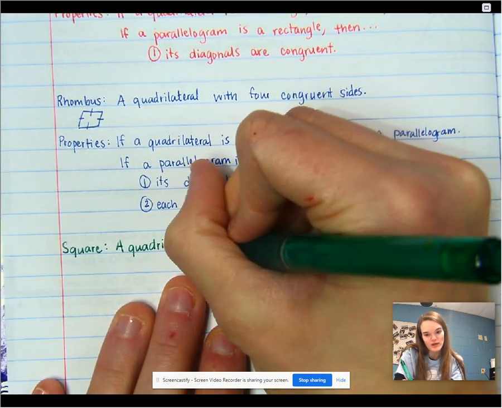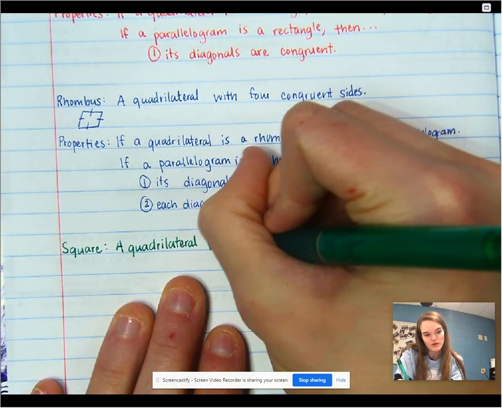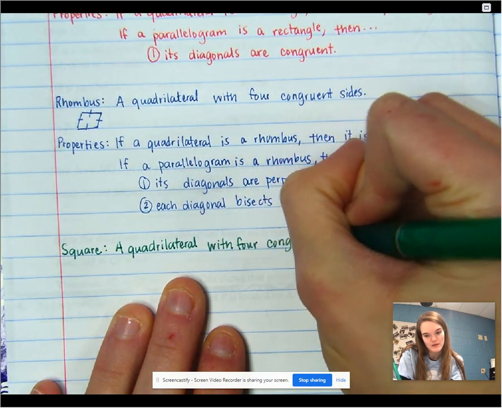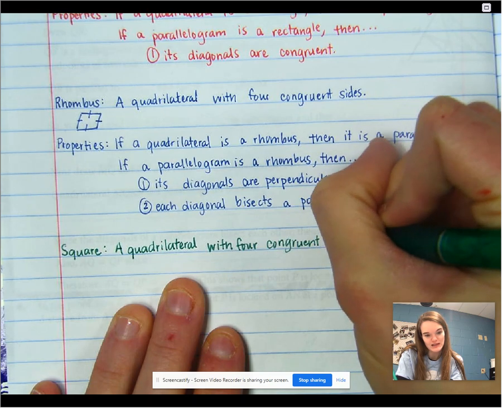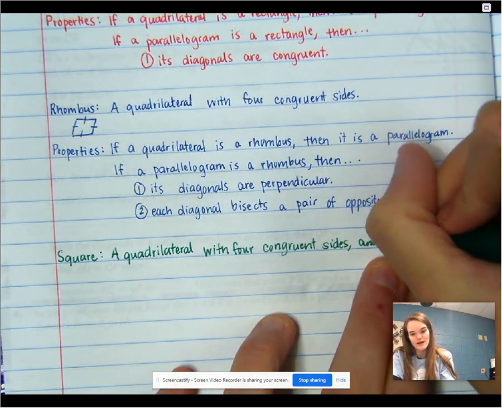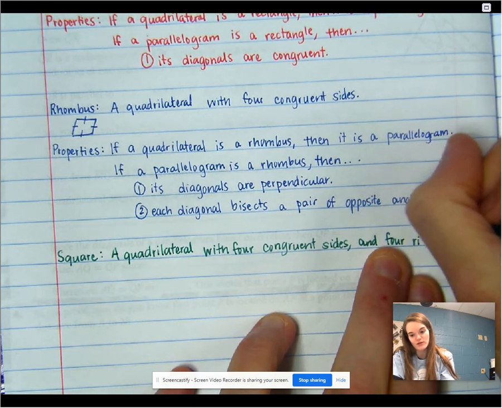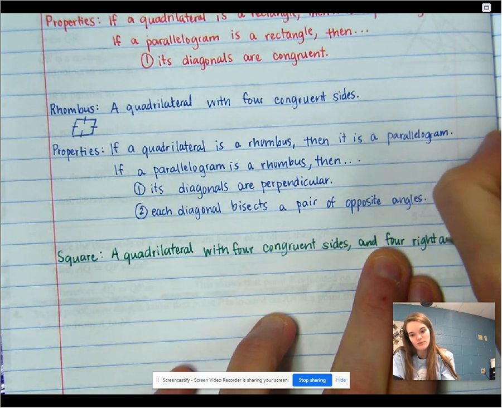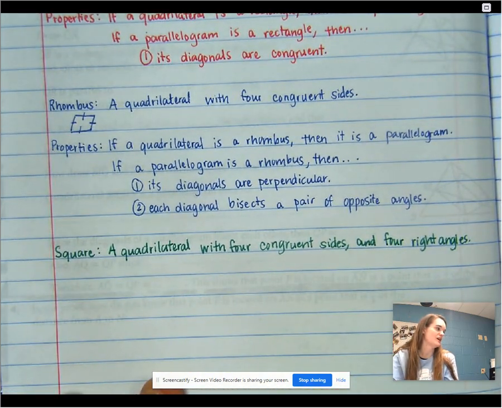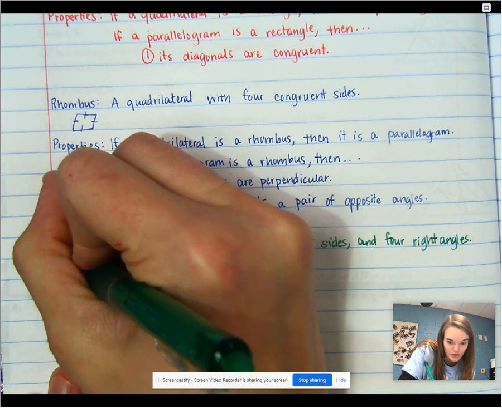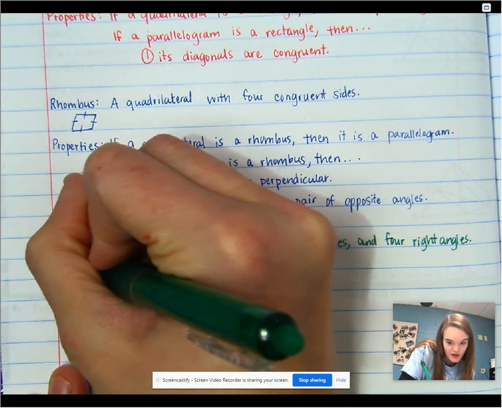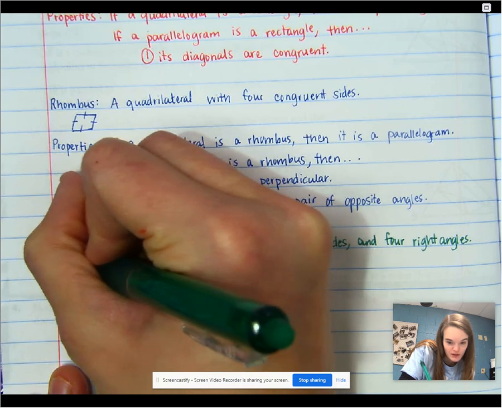It's a quadrilateral with 4 congruent sides, like a rhombus, and 4 right angles, like a rectangle. Which means a square is a rhombus and a square is a rectangle. It is both. 4 congruent sides, 4 right angles.